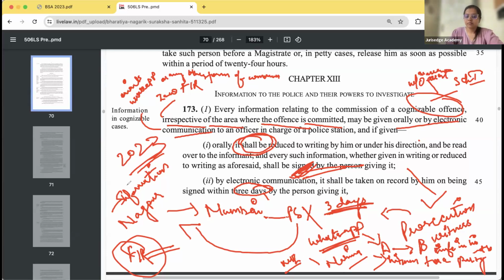Or, as soon as these laws are executed, there will be a medium of providing me the electronic document through mail if I cannot go to the police station. And 3 days, because the copy should be signed within 3 days. So within 3 days, the copy should be signed, and then I'll be called as a prosecution witness in the court.